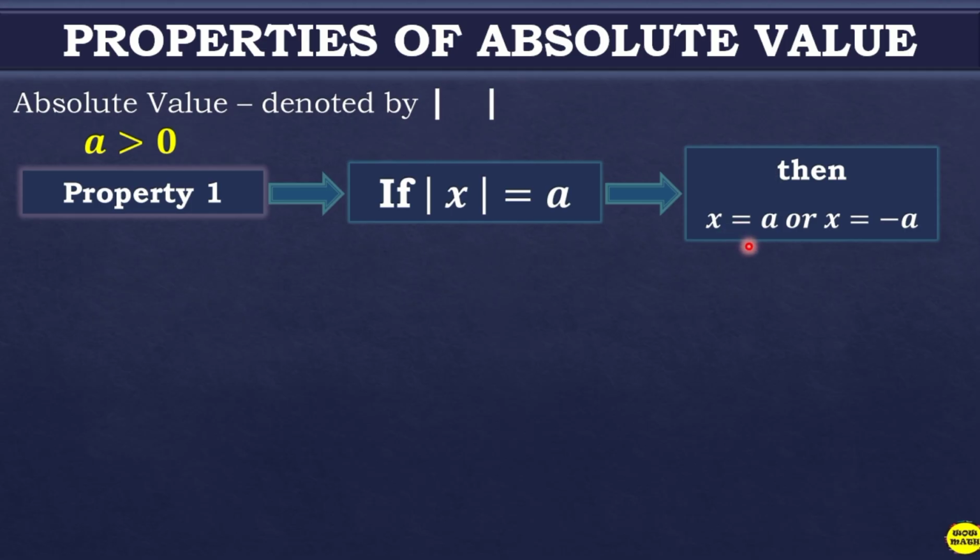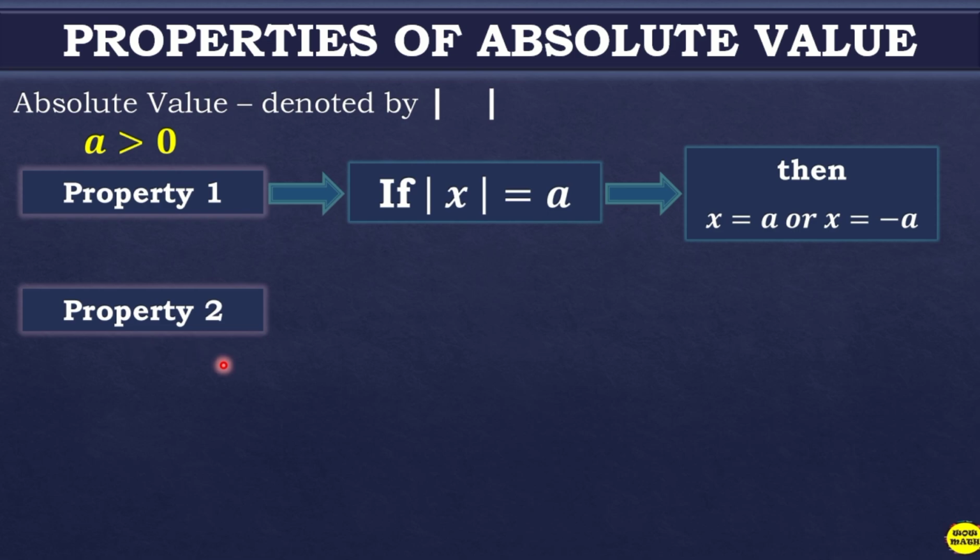Then, x is equal to a or x is equal to negative a. So, ito po yung isosolve natin dyan. So, kapag nakita nyo po na absolute value is equal po siya, is equal to a, ang solution po natin, x is equal to a or x is equal to negative a. Okay, dalawa po yan.